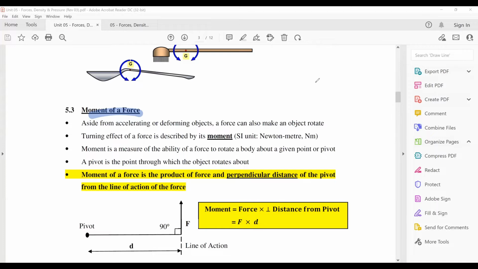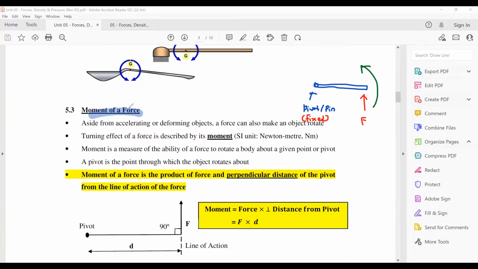You see, if I have something like this, a bar that's attached to maybe a pivot here or a pin, if I were to apply a force at this end here, what will happen is that because this pivot or pin is fixed in place, if I were to apply a force here, it will cause the bar to rotate.